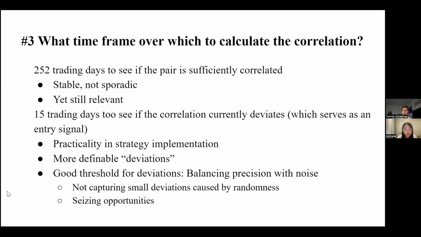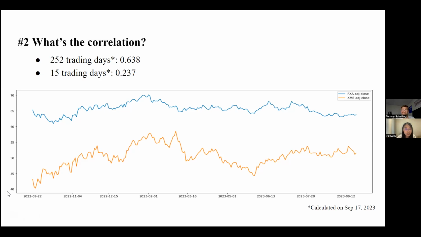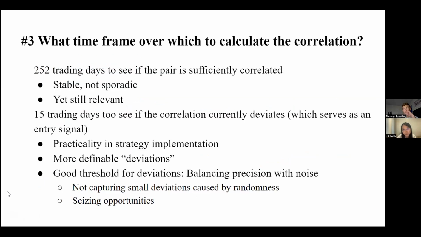We also show the 15 trading day correlation here because we would use it as an entry signal. We calculate the 252 trading days to see if the pair is sufficiently correlated. For a pairs trading strategy, it's a good lens because it's not too long to be relevant, but at the same time, it's stable enough.